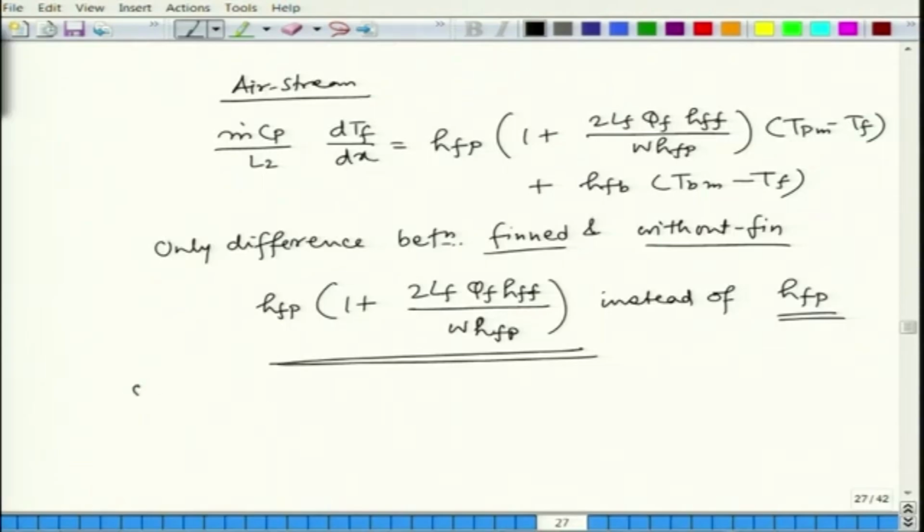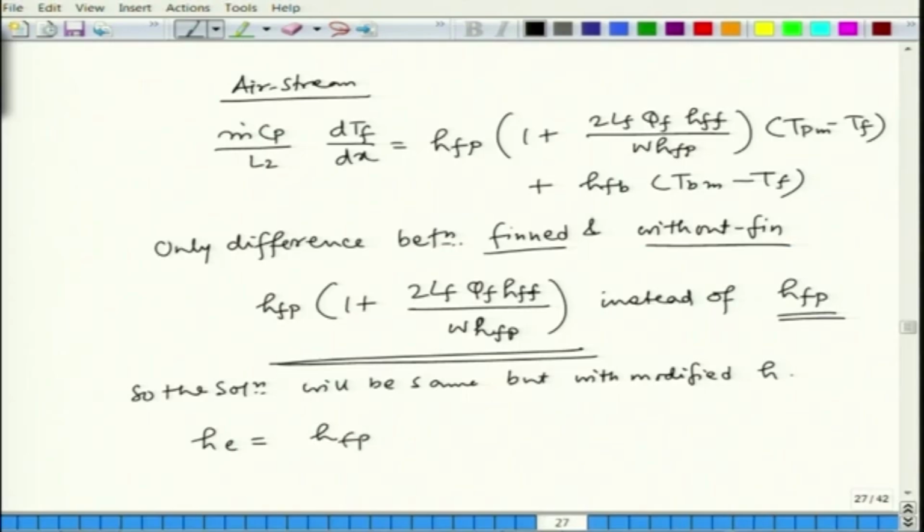So the solution will be the same, but with modified H, and the effective heat transfer coefficient He will also be modified in the following manner.